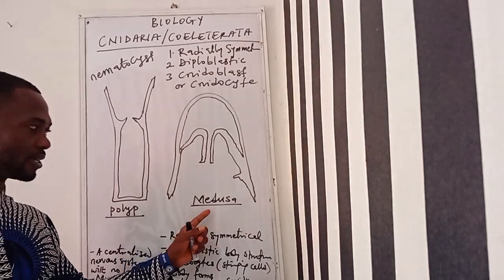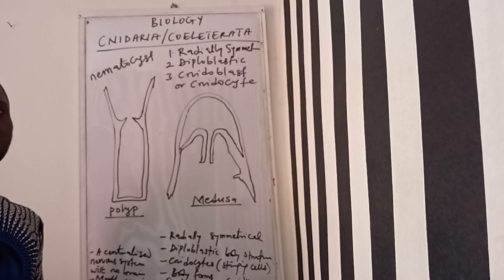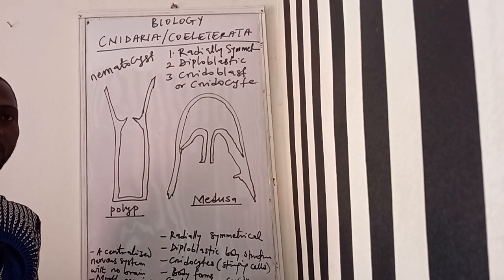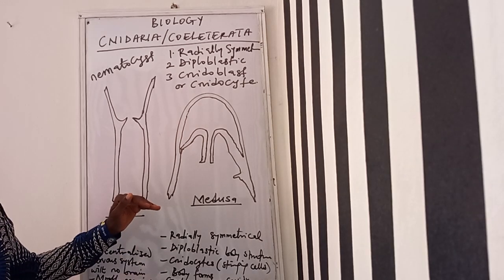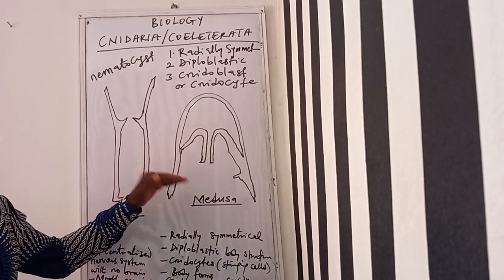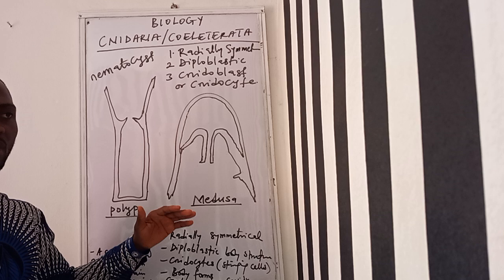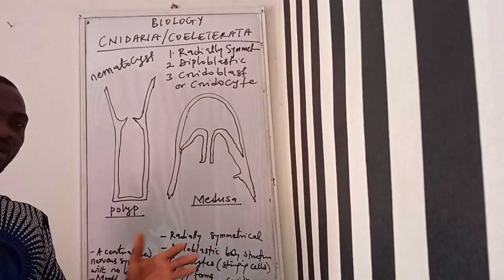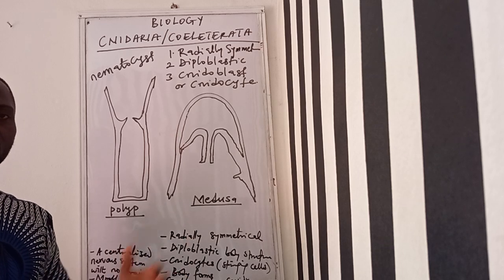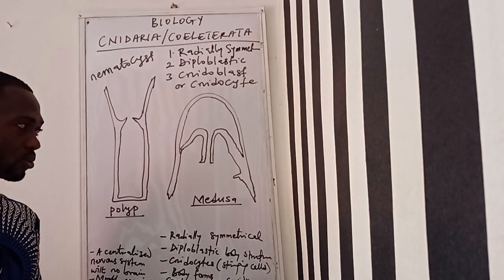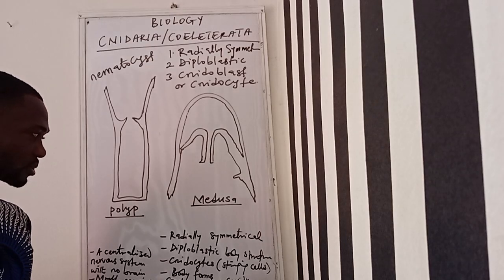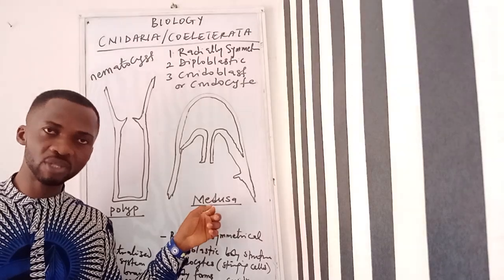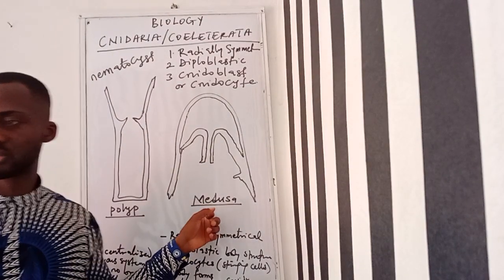But the medusa is free swimming, not permanently attached. This body form is motile, moving from one position to the other. So while the polyp is permanently attached to a substratum, the medusa is not.